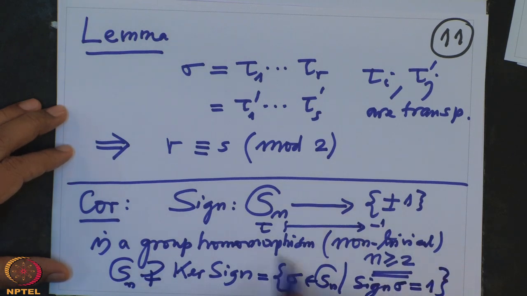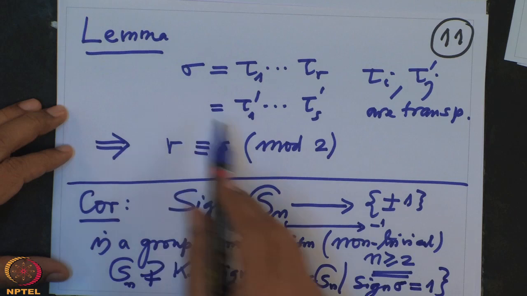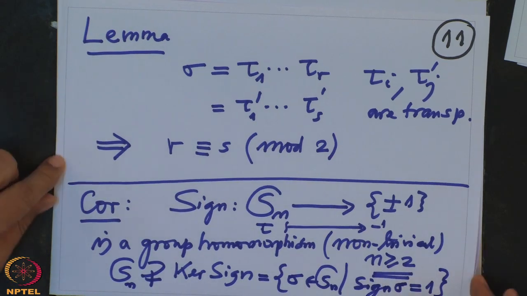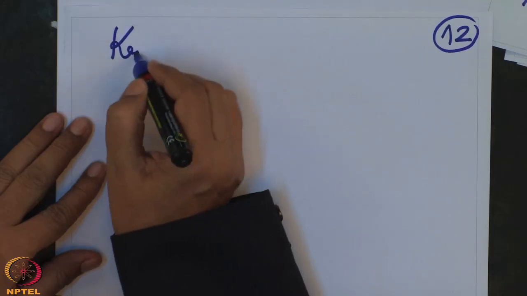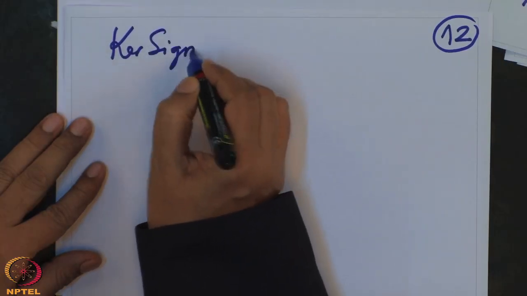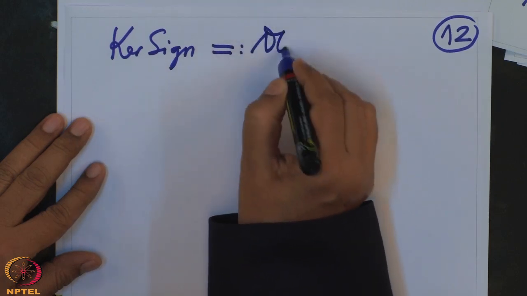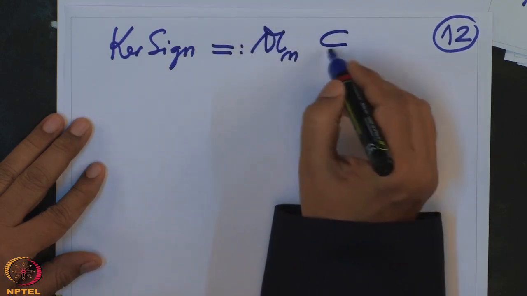Sign is 1 means that sigma is a product of an even number of transpositions, and this group is very important. It is called An, the kernel of sign, by definition. This is a subgroup of Sn.